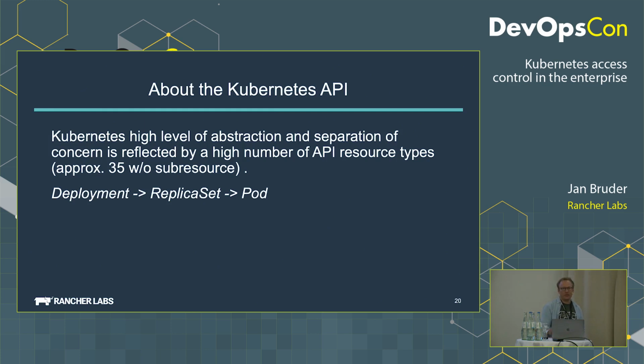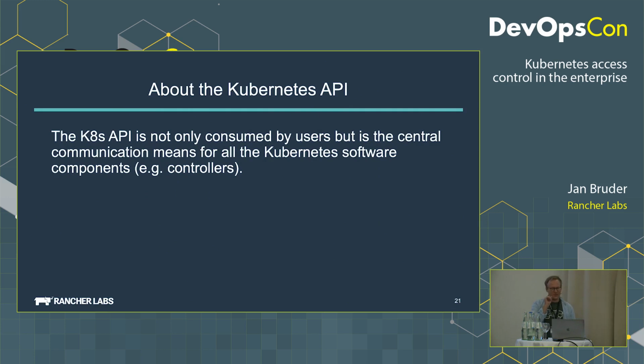Like you have a pod, you have a volume, you have a configuration for the pod, you have secrets and so on. So this means there's a lot of granularity, which is great for RBAC because you can really configure fine-grained access control. You can say this user role just allows someone to update secrets, and the other user role is just there for upgrading an application, but not seeing the actual secret configuration.